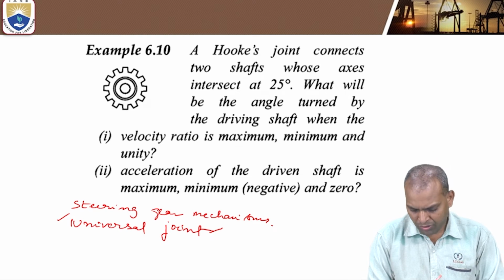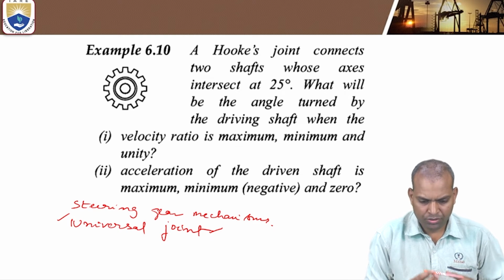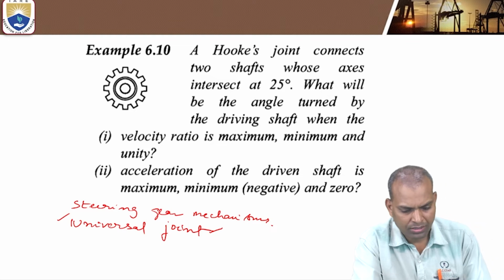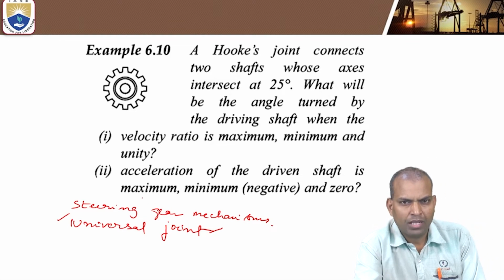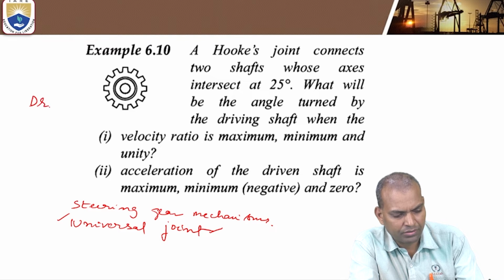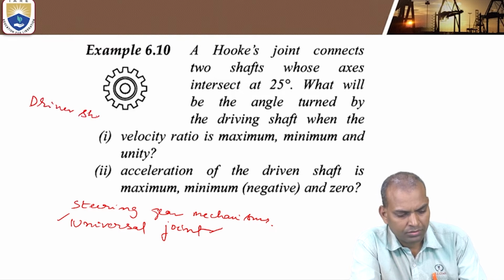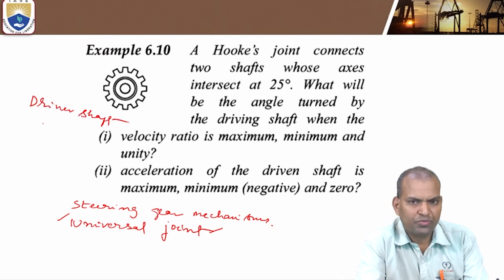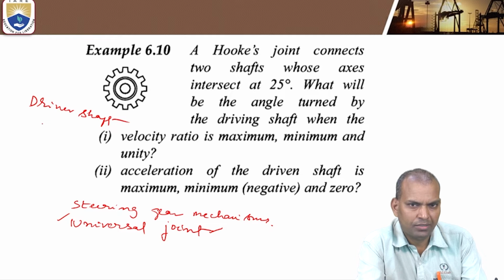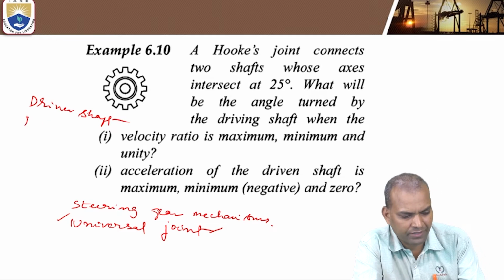The engine shaft, the main shaft, is known as the driver shaft, and it transfers torque to the rear axle with the help of this universal joint. That rear axle connector shaft is the driven shaft.